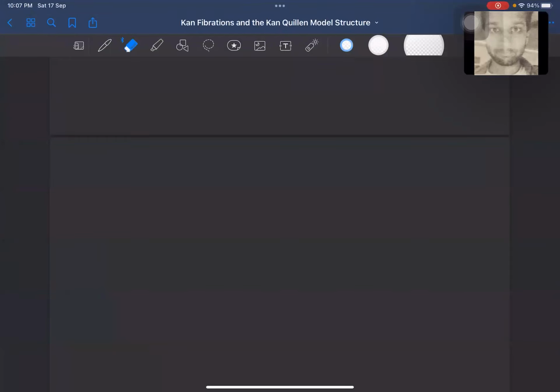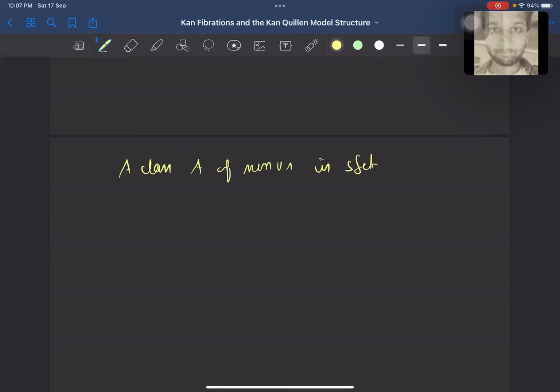I'll begin by giving a quick recap of saturated classes. A class of monomorphisms in the category of simplicial sets is said to be saturated.